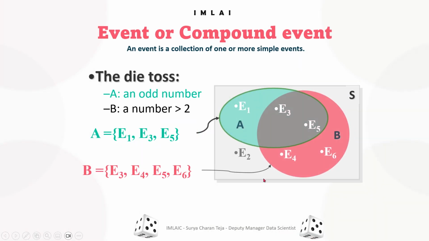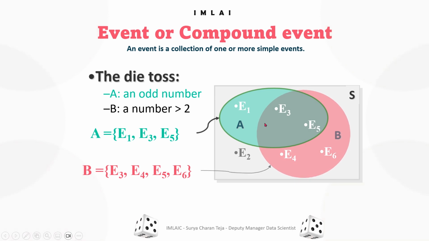This is the second event, event B, a number which is greater than 2. How many simple events do we have? 3, 4, 5, 6. So that's the reason a compound event which consists of the numbers greater than 2 is E3, E4, E5, E6.